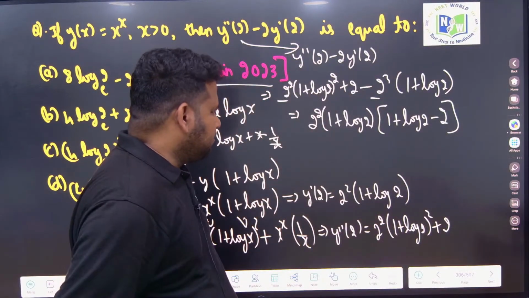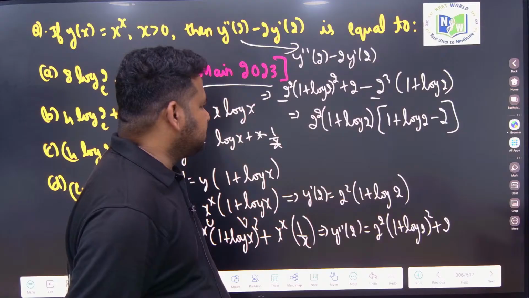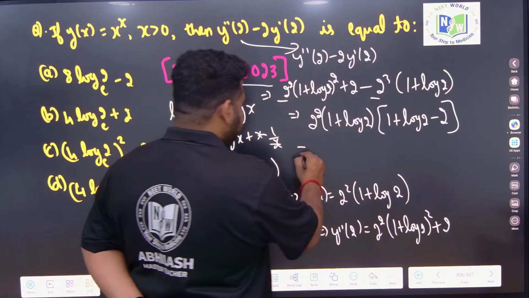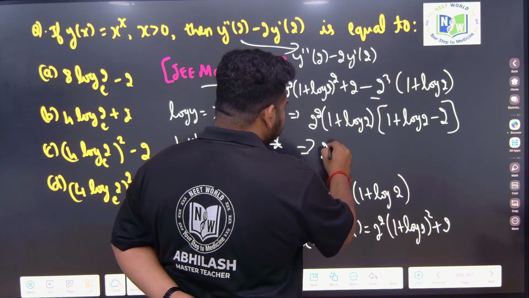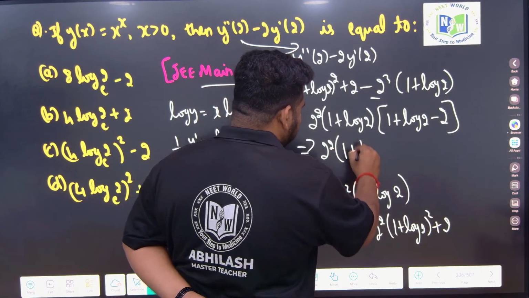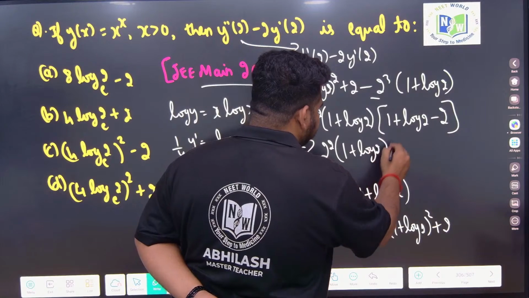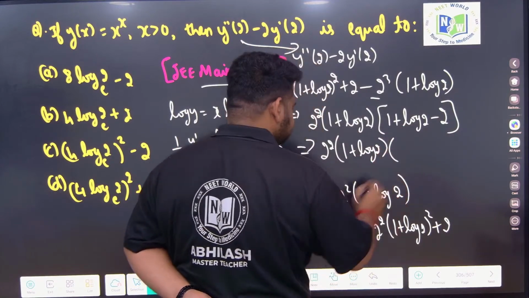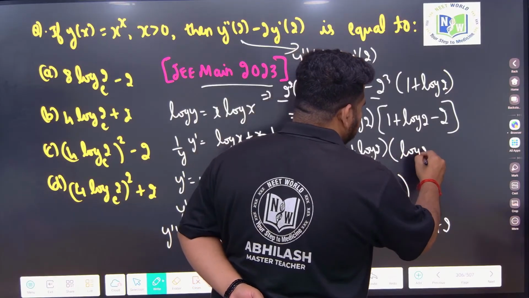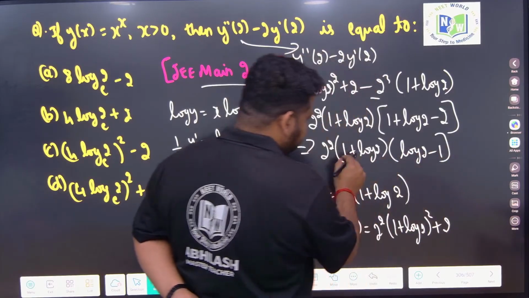Now 1 plus log 2 minus 2 is equal to 2 square into 1 plus log 2 into, this will become log 2 minus 1. So we get 2 square into log 2 plus 1 into log 2 minus 1.